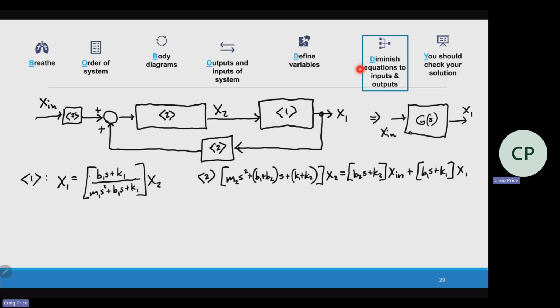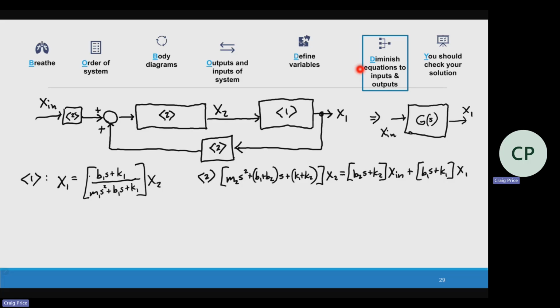Because that's what we really care about. I don't necessarily care about the cart or the chassis. I care about just that pickup head. So we can take this complicated system, either from the block diagram standpoint or just from an algebraic standpoint, and make some substitutions to solve for it.